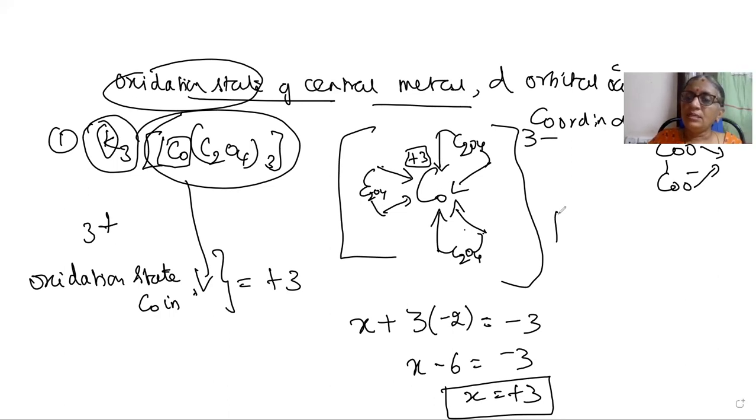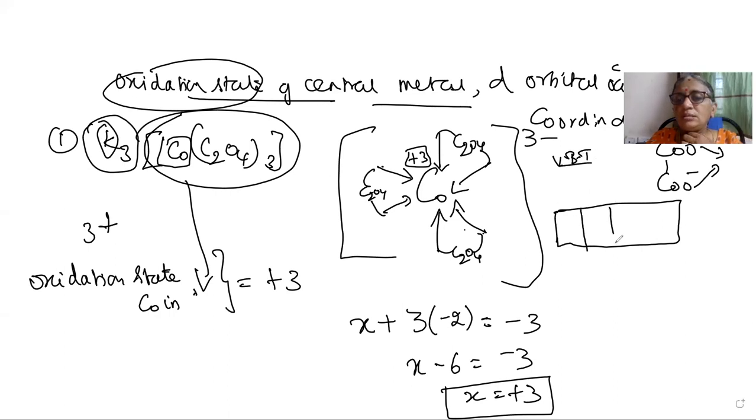Whenever you need to know the d orbital occupation, you go for valence bond theory. Here, cobalt 3 plus means first take the configuration of cobalt 3 plus.